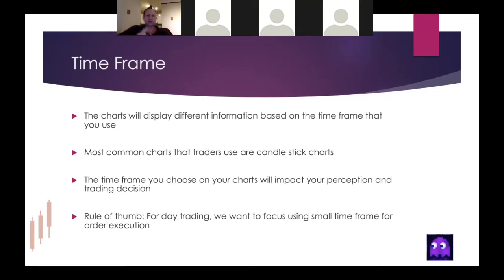You want to choose a midterm time frame to get a sense of what's going to happen that day. And then you want a short-term time frame to help you understand when to get into a position. The exact time frames that I use are 1 day or 4 hours for the longer one, 30 minutes for the intermediate, and 5 minutes for the short term.